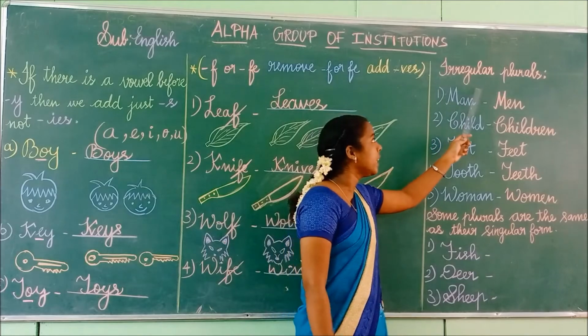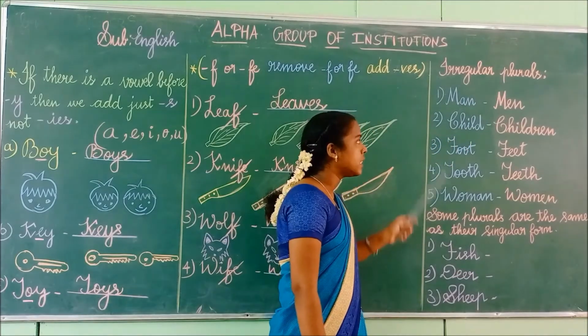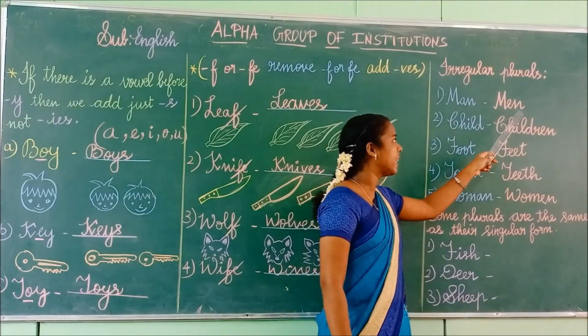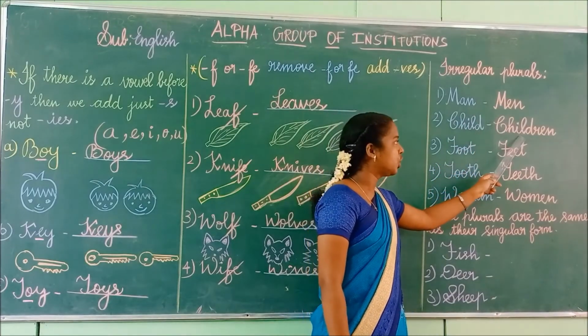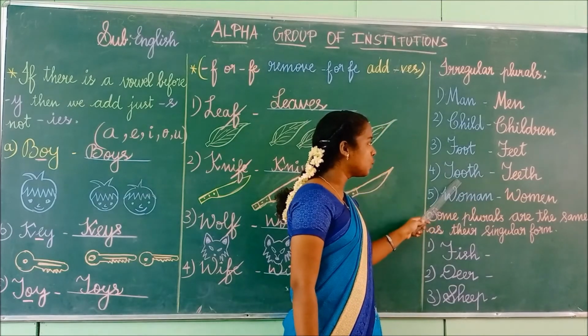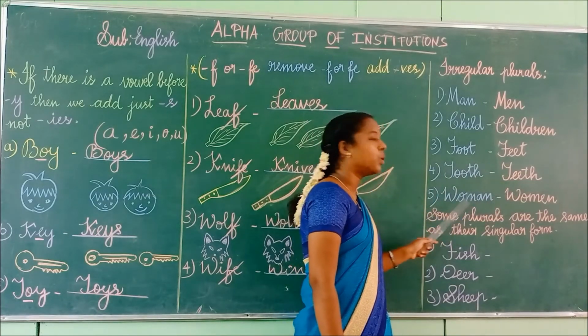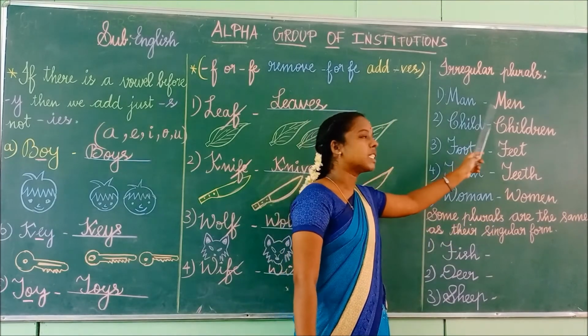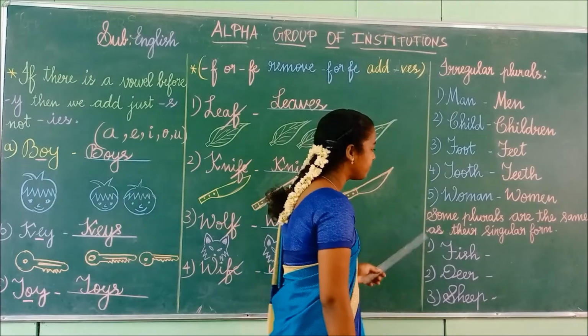So irregular plurals are formed in an irregular way. Man, men. Child, children. Foot, feet. Tooth, teeth. Woman, women. So these are singular nouns and these are the plural nouns.